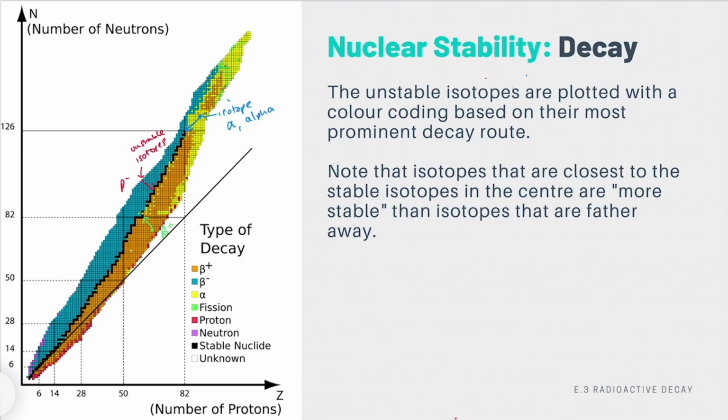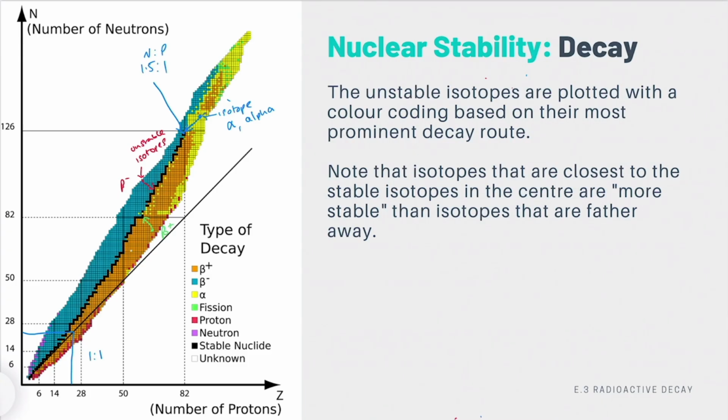For now, I want you to note that the black line shows where stable nuclei are. It starts off with a ratio of roughly 1:1 for neutrons to protons, and it ends up with a ratio of roughly 1.5:1 for neutrons to protons.